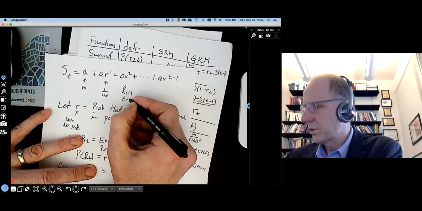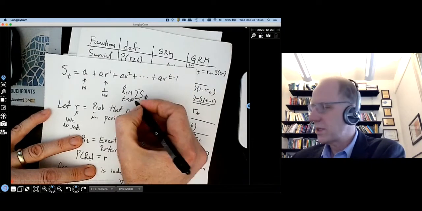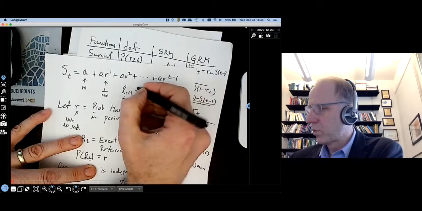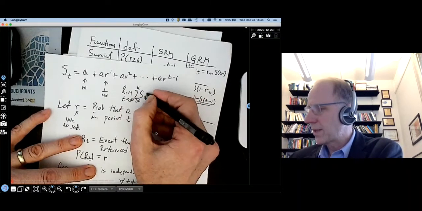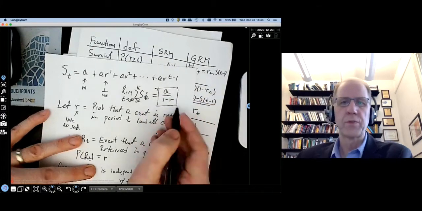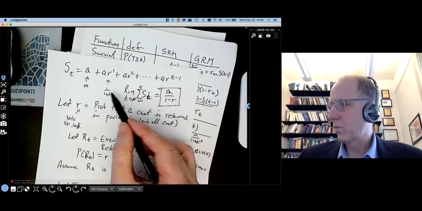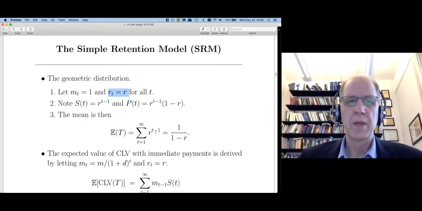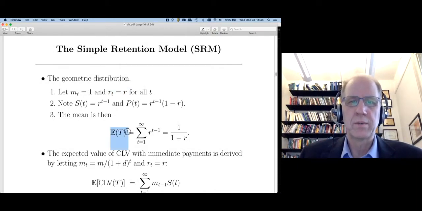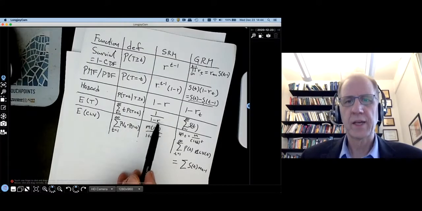If we take the limit as t goes to infinity of the sum from i equals 1 to t of s sub i, this is a over 1 minus r, so that's the very famous formula that you get in your calculus class. In this case, a is 1, and of course 1 minus r is there. What falls out of this is one way to prove that the expected value of t is 1 over 1 minus r, as I claimed here.